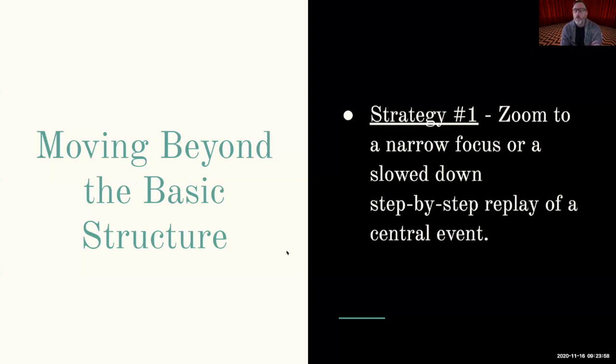So like I said, last week when we talked, strategy 1, when it says zoom to a narrow focus or a slowed down step-by-step replay of the central event. Well, what does that mean? Like I alluded to last week, if your autobiographical incident is about a camping trip that your family took, well, is it about the camping trip, or is it specifically about you getting chased by a bear when you got up in the middle of the night to go to the restroom, or being attacked by an owl, which I don't know what the statistics are on owl attacks, but I'd have to imagine that they're pretty scant.